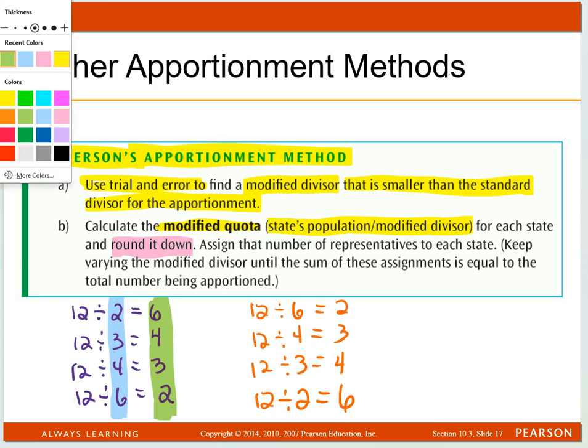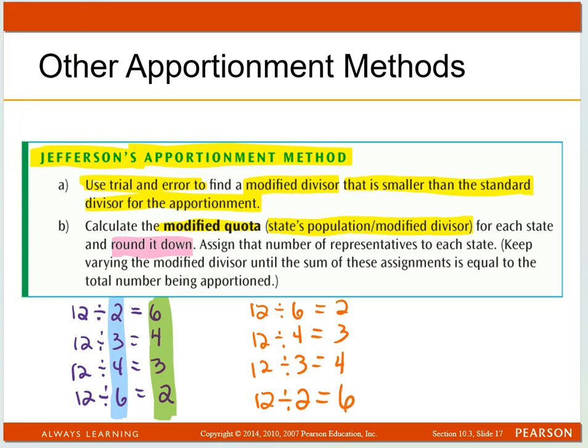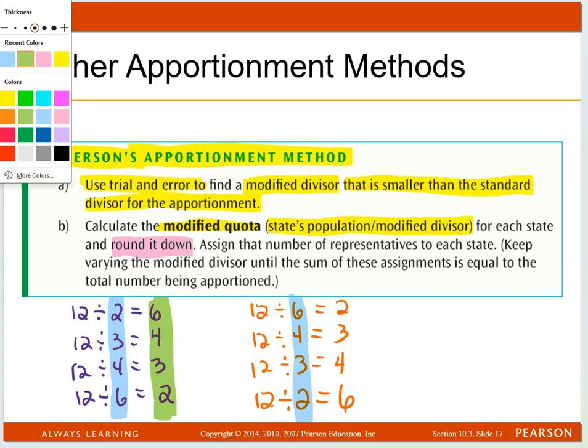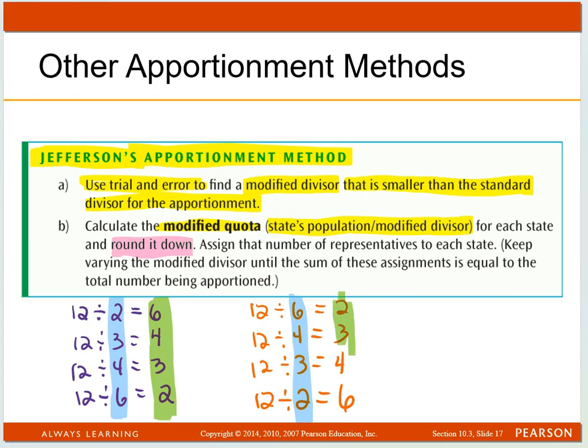Now when I look at them, the number I'm dividing by is getting smaller. I went from 6 to 4 to 3 to 2. As I do that, my answer ends up getting bigger. Okay, keep that in mind. I may have to come back to this slide.